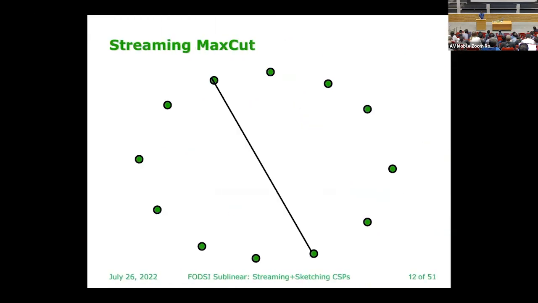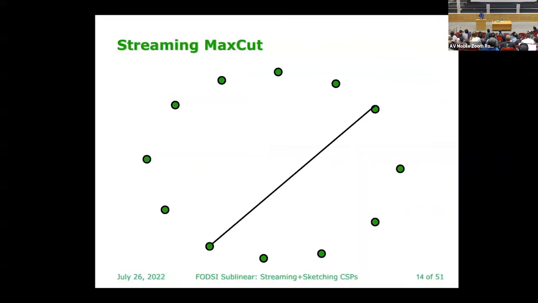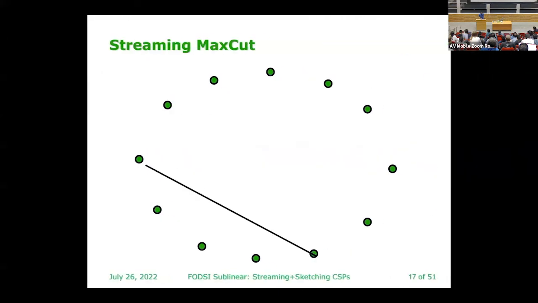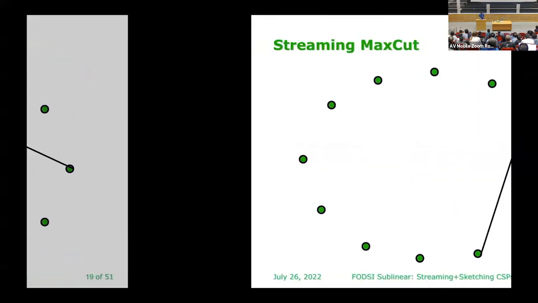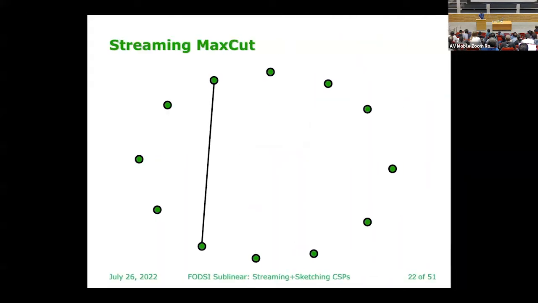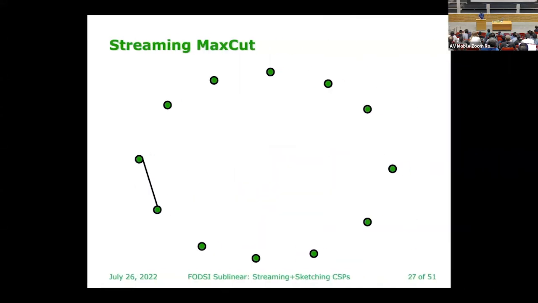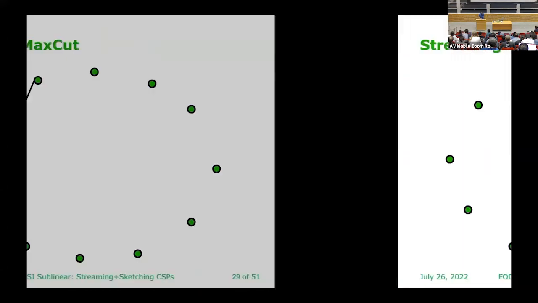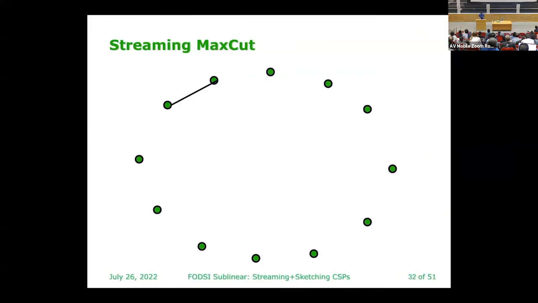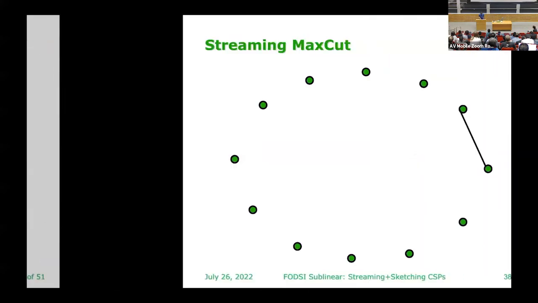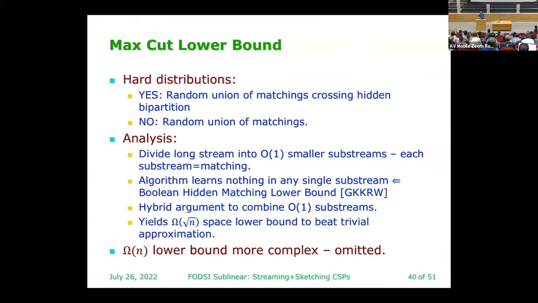So let's play this game. Here's the graph. I hope you have polylog n space or even more. So this is what a streaming algorithm sees. Don't think I'm being unfair to you. Okay, so is this bipartite, or is this a random graph?